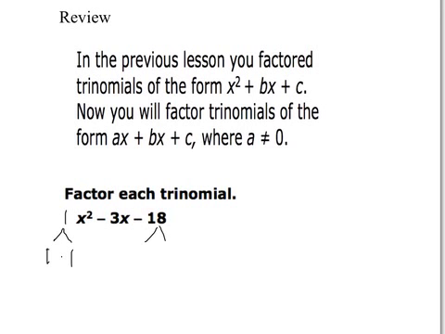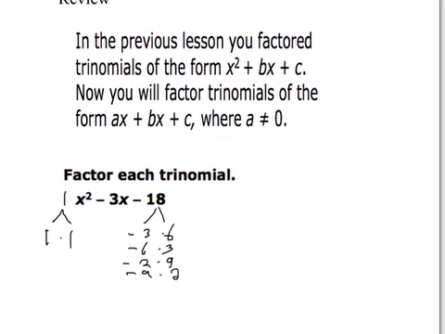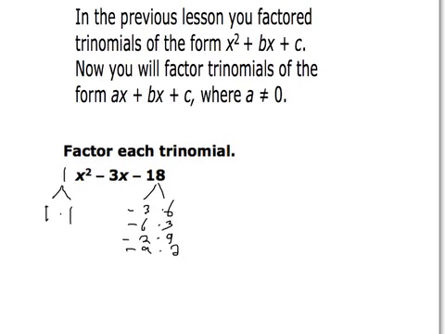Over here, we treed this out. This became negative 3 and 6, negative 6 and 3, negative 2 and 9, negative 9 and 2. And let's see, what else do we have? Let me move this up just a little bit. We had negative 1 and 18 and negative 18 and 1.